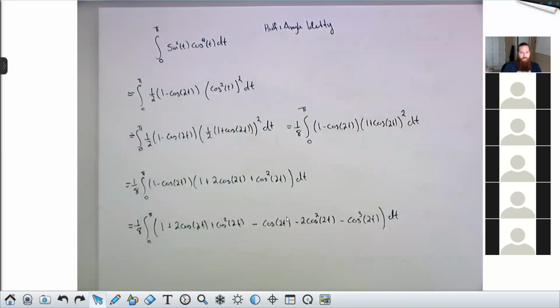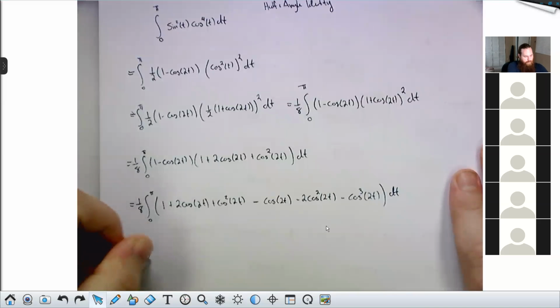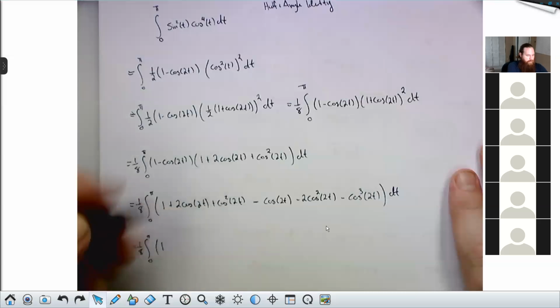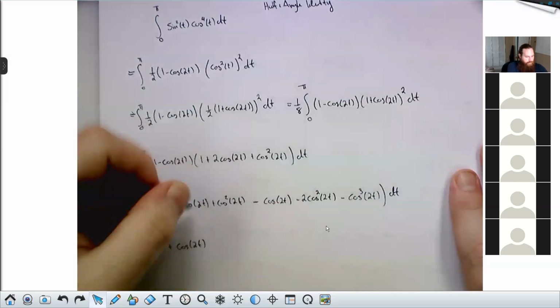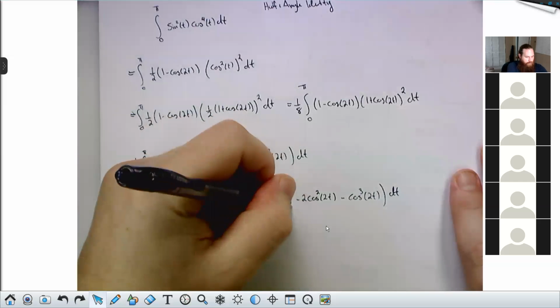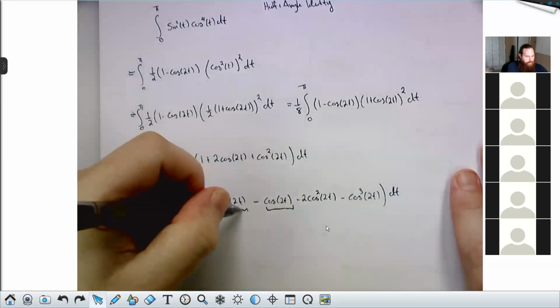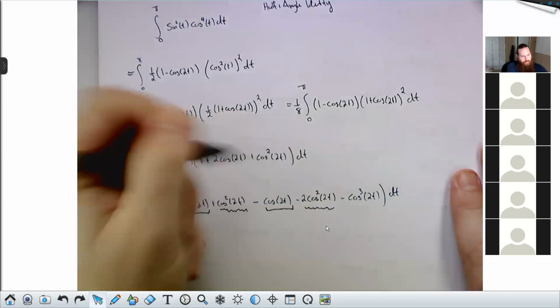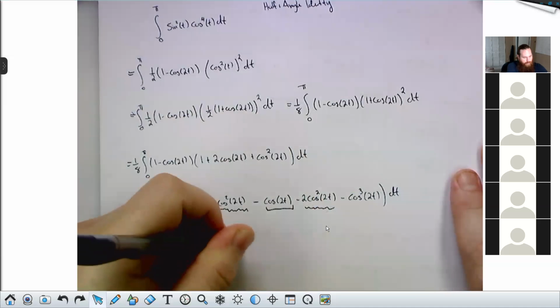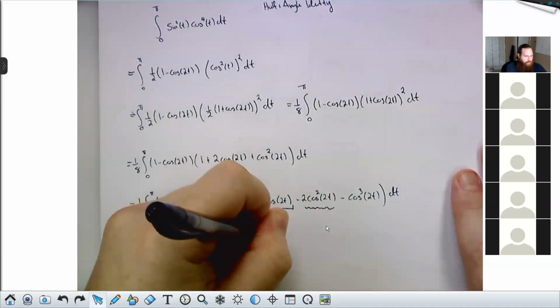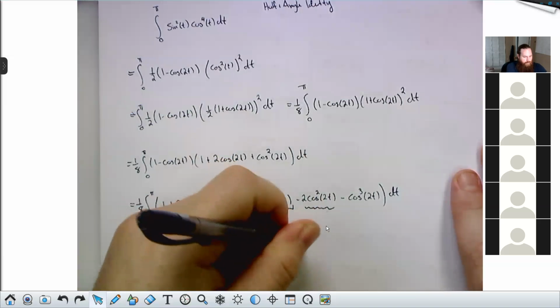And then I can combine some like terms, this and this and this and this. So I'll have 1, and then cos 2t minus cos 2t plus 1 cos 2t, combining this with this. And then also I can combine this with this. So I'll have minus cos squared 2t, and then minus cos cubed 2t dt.